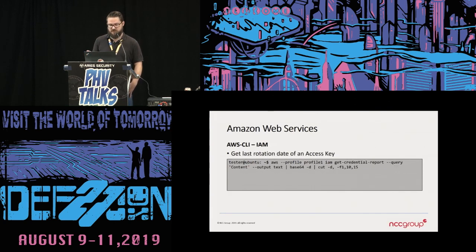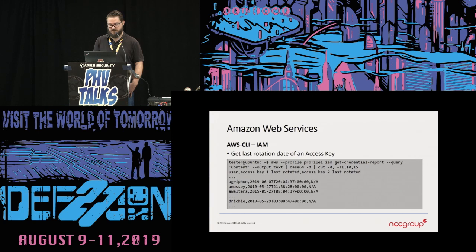So I've got a little cut command that I'm piping this into that's looking for the columns associated with the rotation dates of the keys. So we'll run this command, get some output. We see that A. Walters key was last rotated May 27th. So this is definitely an old access key. We need to go and audit and see if maybe that user still works with the company and maybe revoke their access.